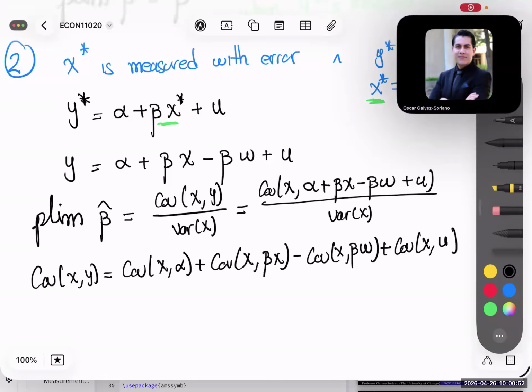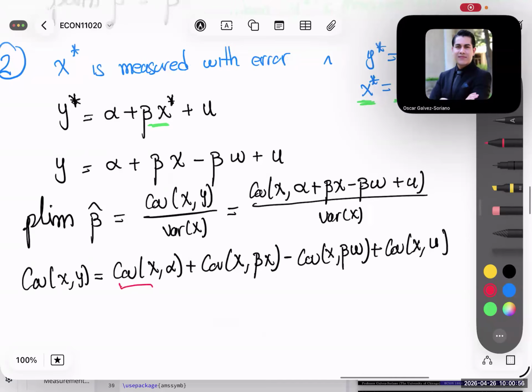Some of these things will simplify. In particular, you already know this is 0. You also know this is beta times the variance of x. You also know that this is beta times the covariance of x and w, which is what I was trying to simplify before, right?